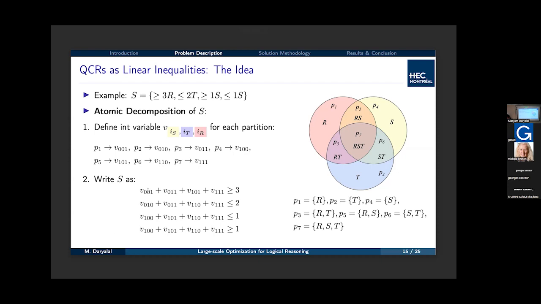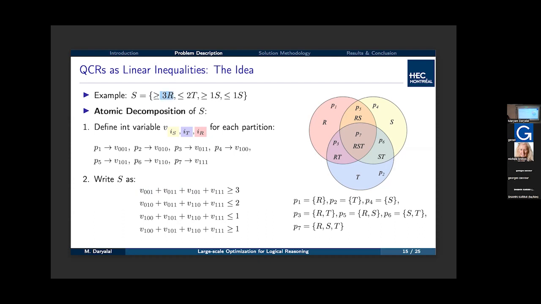Now I'm saying all these decision variables that I defined, and they have R, the summation of all of them should be greater than or equal to 3, as is here, the first one. So that's exactly what we have here in the QCR that was here.